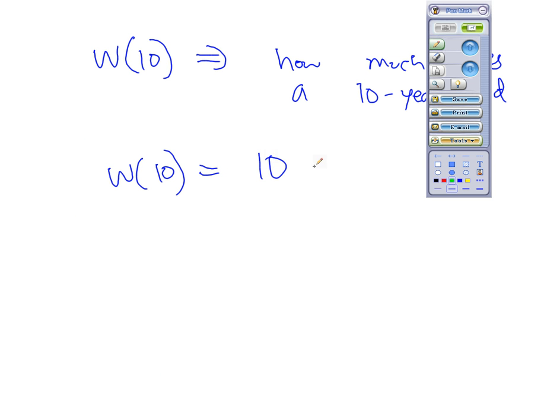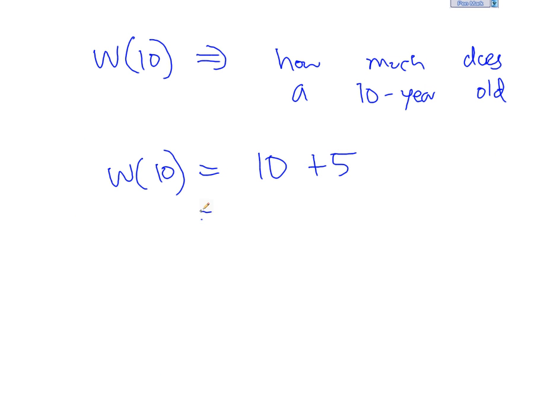So the age is 10, I'm going to add 5 to it, and that gives me 15 bucks. So according to my equation, the wage as a function of a 10-year-old is $15. This is a convenient way, the condensed form, to talk about functions.